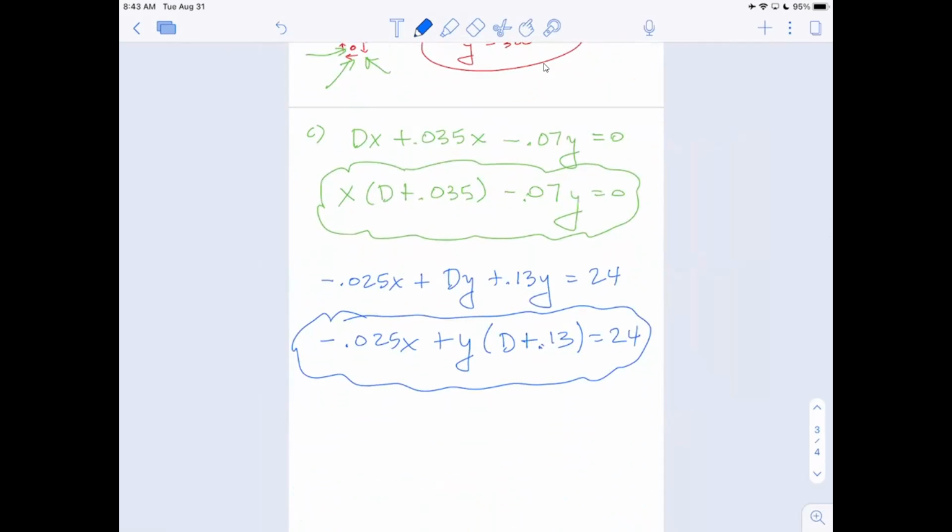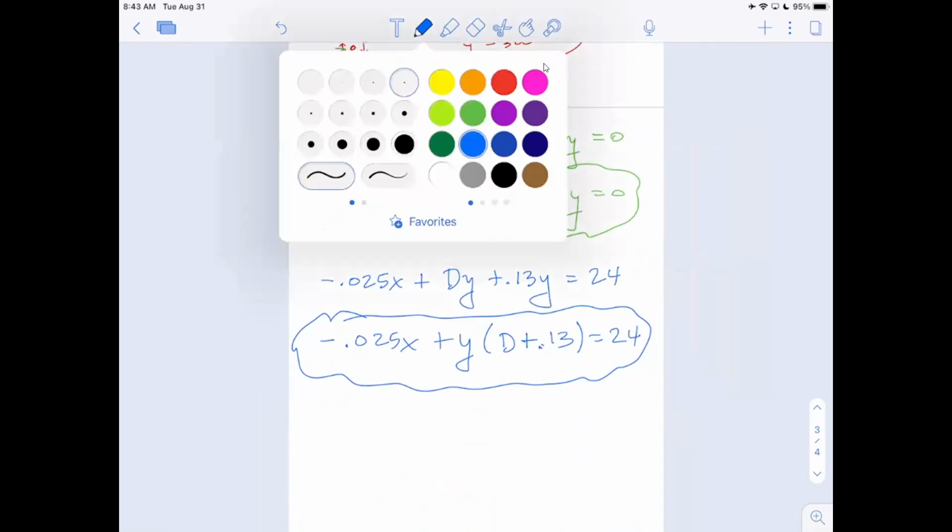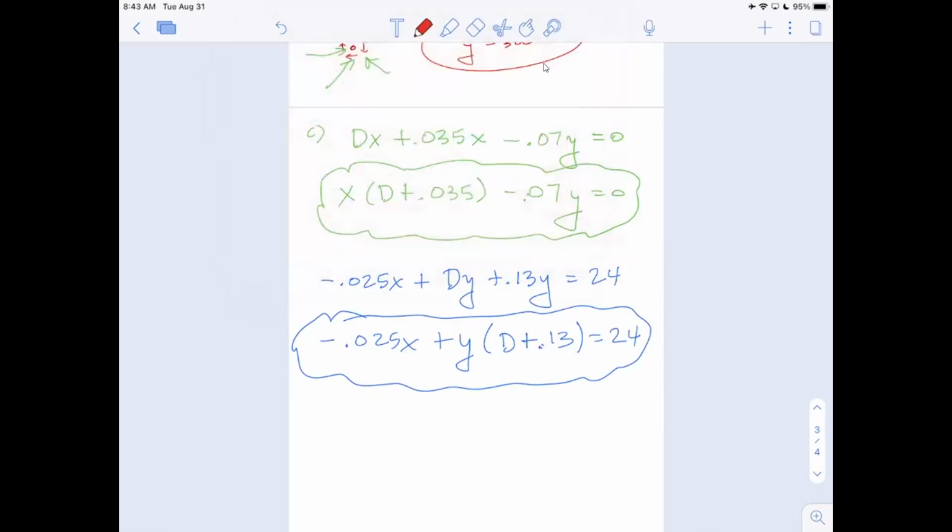So let's see, for no good reason, I think I'm going to get rid of the y values. So I'm going to look at this and say, well, that's a D plus 0.13. Well, then this needs a D plus 0.13 multiplied by it so that it matches. And then this is a 0.07. So that means this needs to be multiplied through by 0.07. And then the y terms will drop out because they'll be identical.